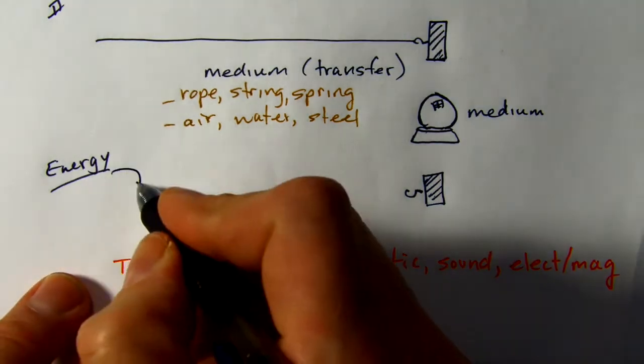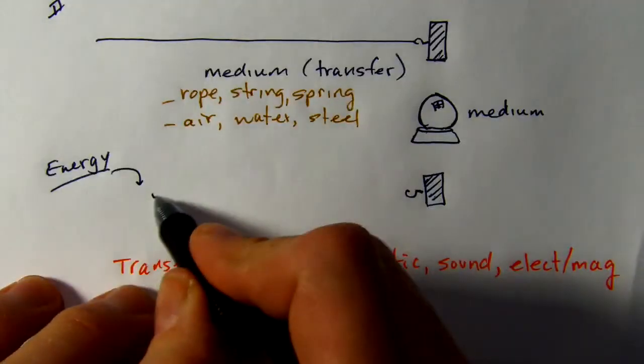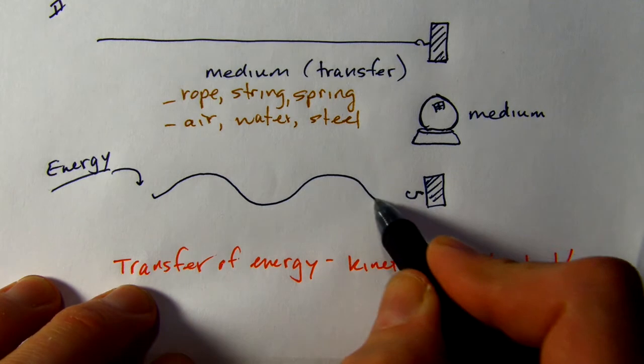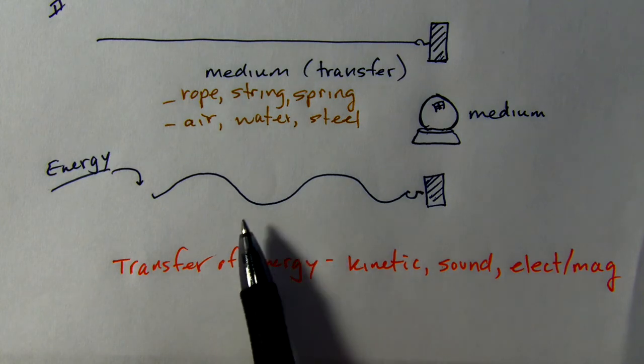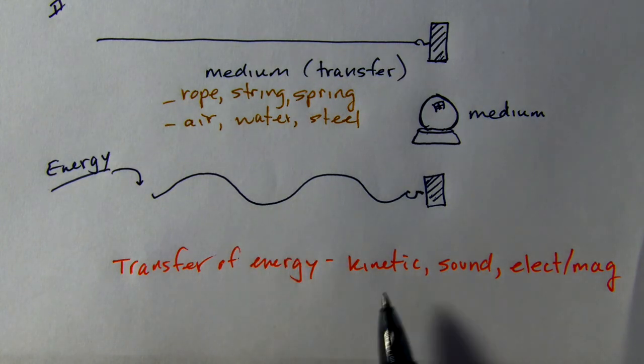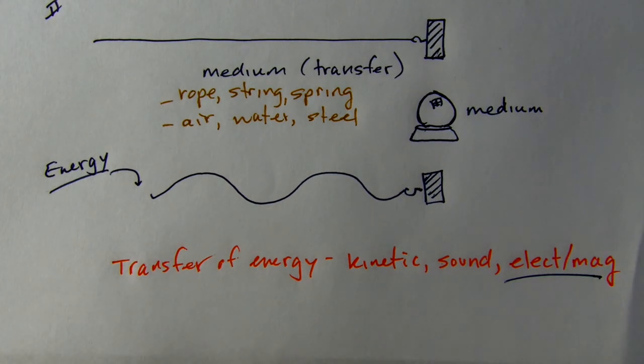If I impart energy into this string or rope, then what happens is it transmits that energy. That's what waves are doing, and you need a medium to do that. Usually, you don't always need a medium, especially with these guys right here. You don't always need a medium.